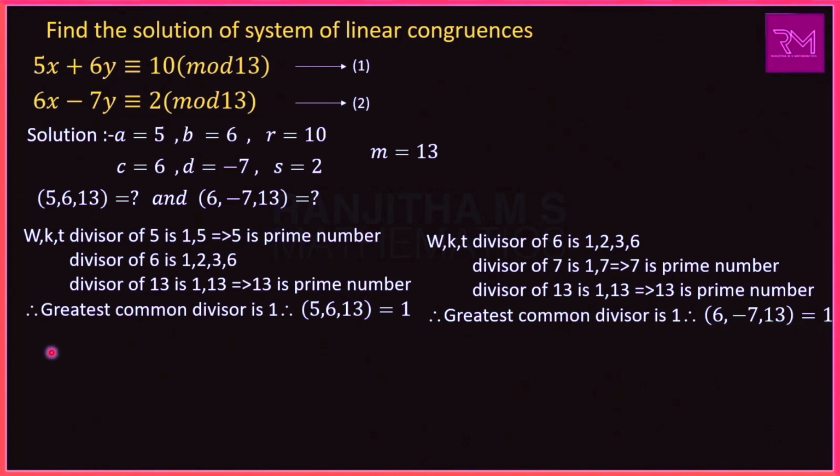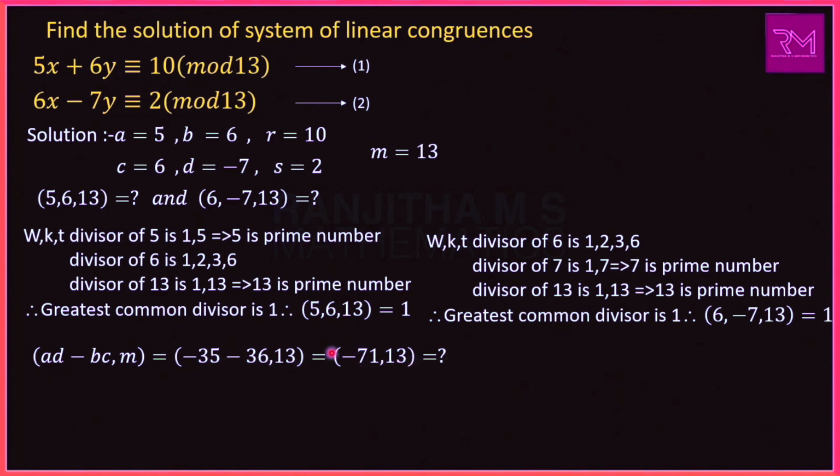In a similar way, we find the GCD of ad minus bc, m. Here ad minus bc is 5 into minus 7, which is minus 35, minus 6 into 6, which is 36, and the m value is 13. So minus 35 minus 36 is minus 71, comma 13.